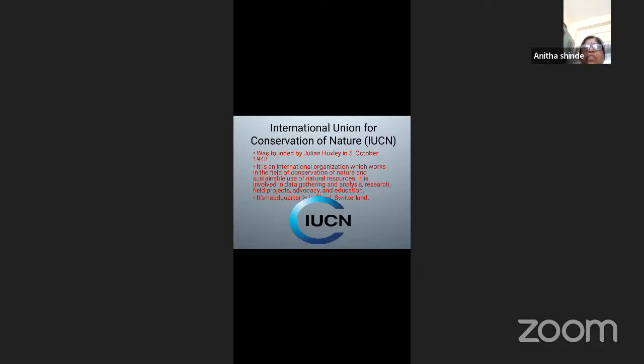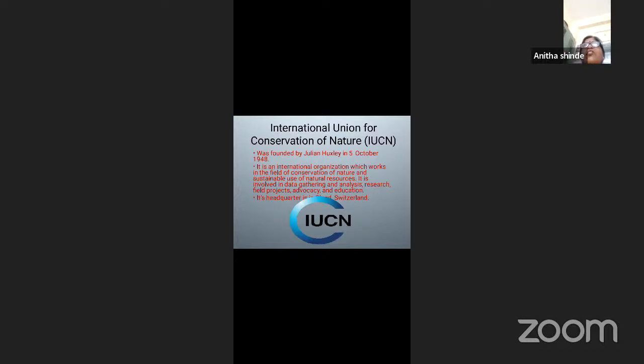The main role of this organization is to collect the data, analyze the data, go for research and projects, and also bring awareness among the people so that they come to know what is happening, which animal and plant species we have lost or which are on the verge of extinction, and how we can save them. Its headquarters are in Switzerland.